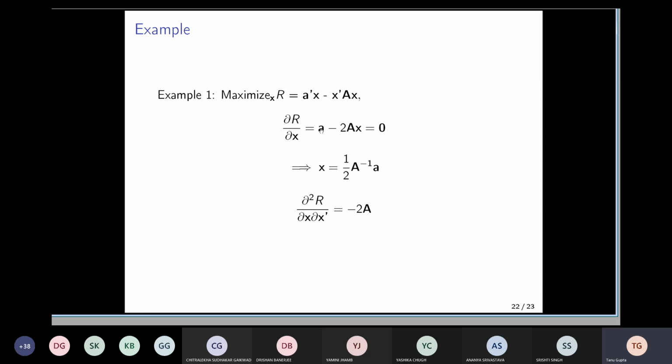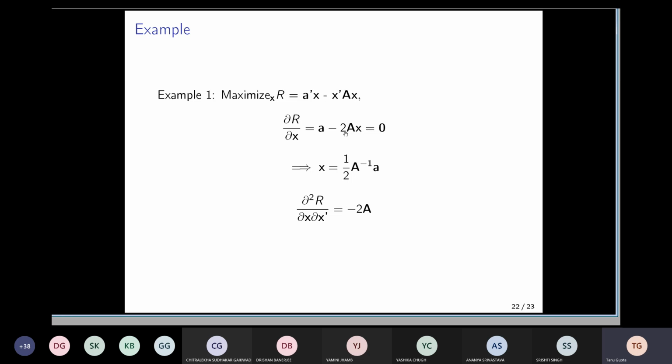This a is a vector, this x is a vector, both have the same dimensions, and let's assume that this A is a non-singular matrix.